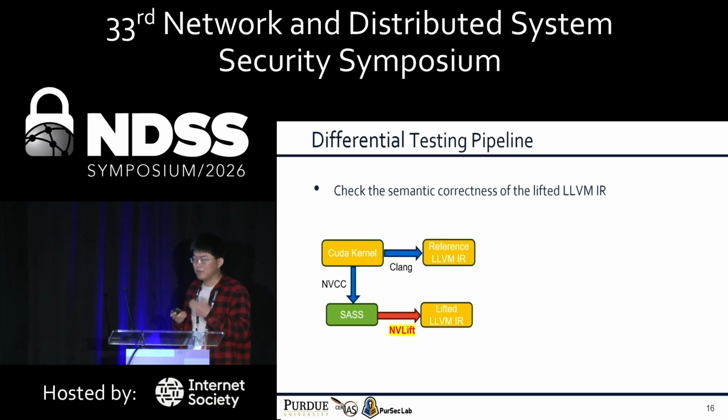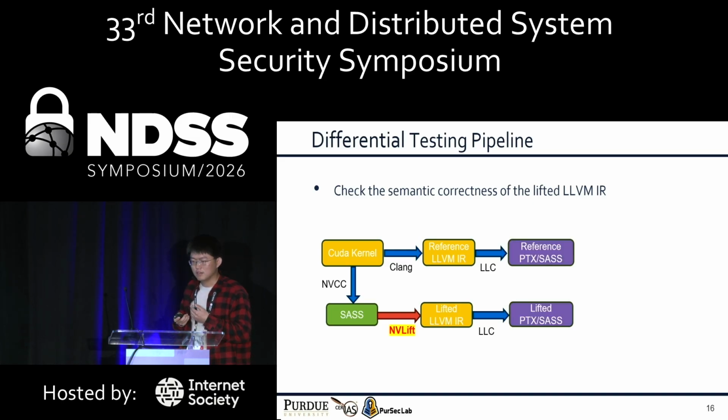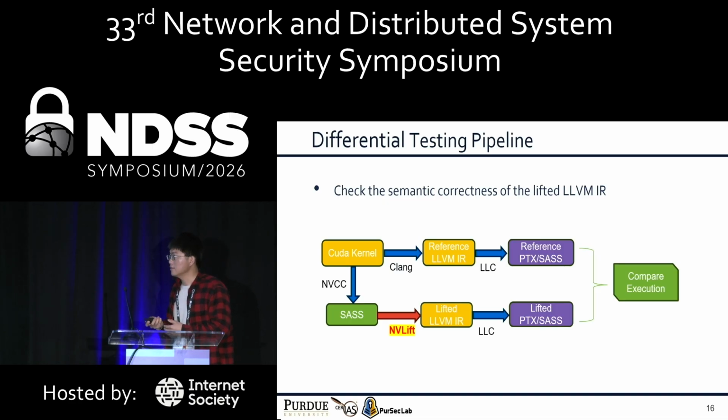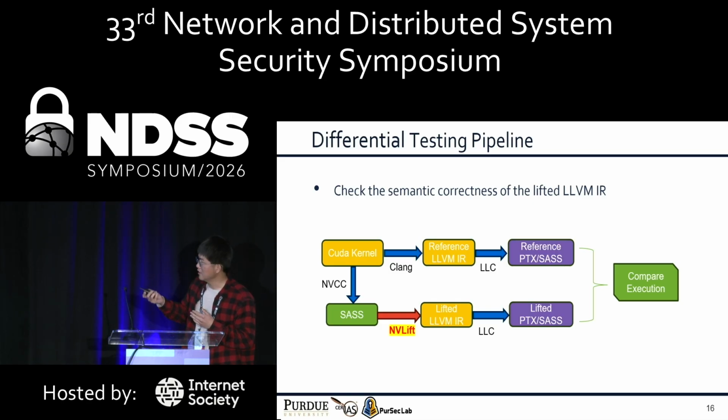At the same time, we use clang to generate a reference IR. Then we use LLC, the LLVM static compiler, to compile both to PTX and SASS, and then to the executable. We then feed the same set of inputs, execute them, and check if the output is the same or not.